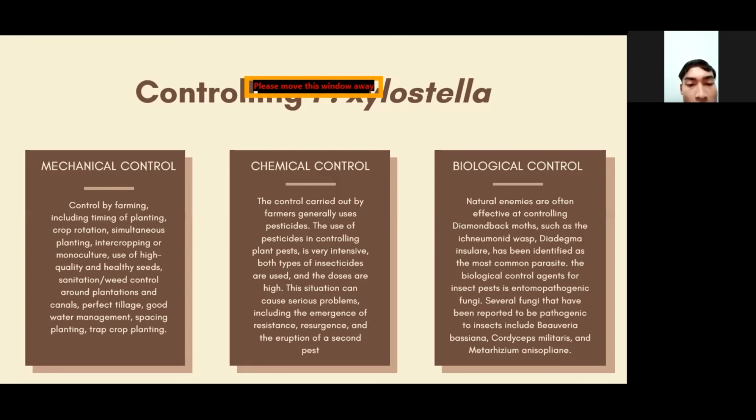Control by farmers includes timing of planting, crop rotation, simultaneous planting, intercropping, or monoculture, sanitation with control around the plantation and canals, proper tillage, good water management, spacing of planting, and trap crop planting.